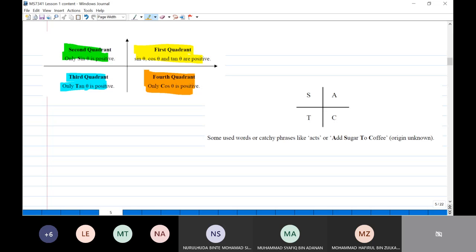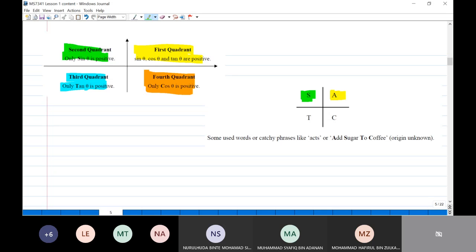But a very quick way to remember this is that all Trigo functions are positive in the first quadrant. So if the angle is in the first quadrant, sine, cosine, tangent are all positive. On the other hand, in the second quadrant, only sine is positive.